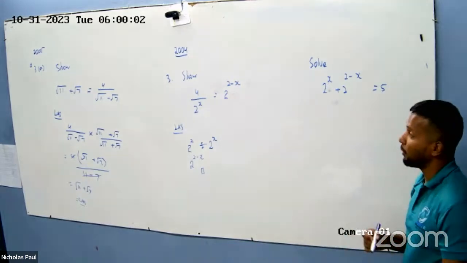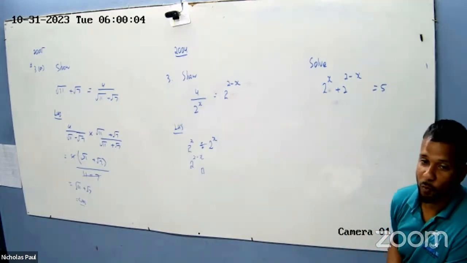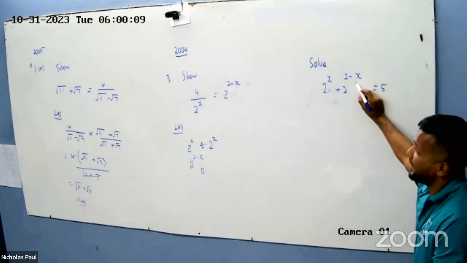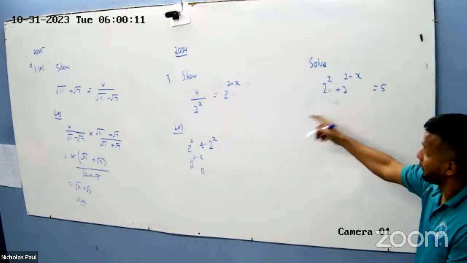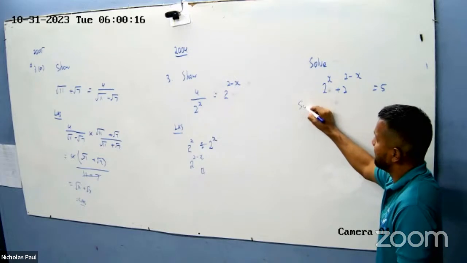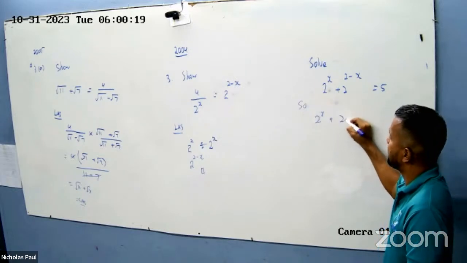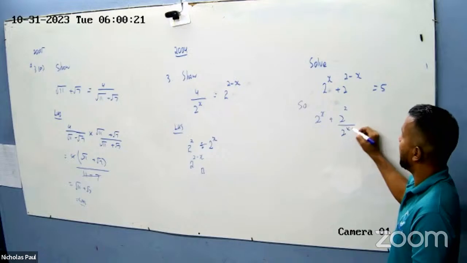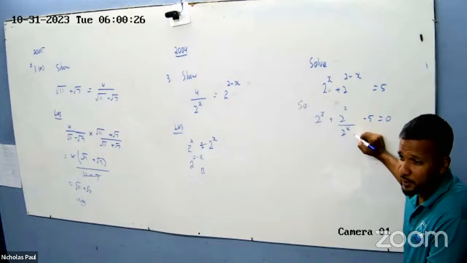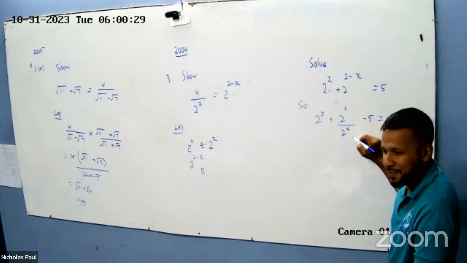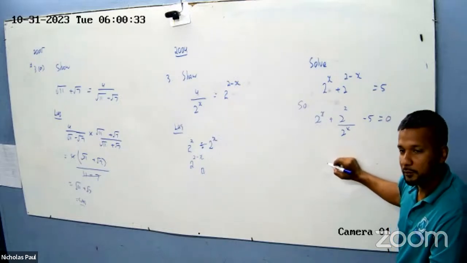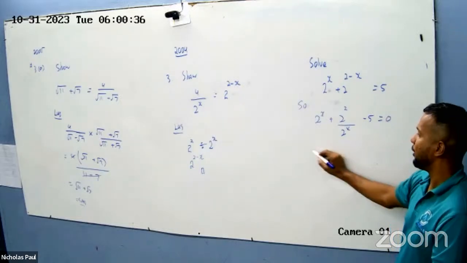This one here is a little problem though. We have to find a way to convert it to a quadratic. What does the minus sign mean again? We just proved it there, right? So this is 2 to the x plus 2 squared over 2 to the x, equal to 5.